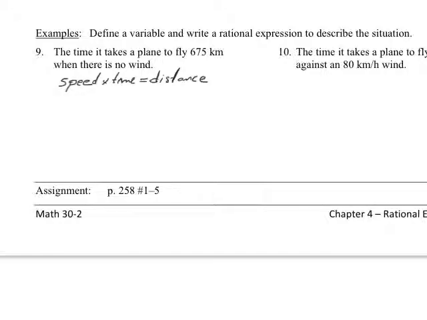And if I want an expression that will describe the time, then I need to divide both sides by the speed, so the time is distance divided by the speed. So my variable, what I don't know in this expression, will be the speed of the plane.